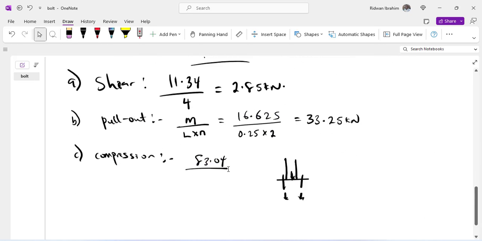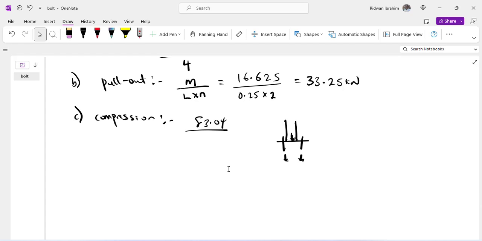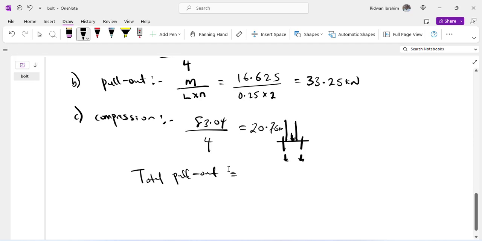We can say this force divided by 4 will be 20.76 kN. So in this case, your total pullout per bolt should be 33.25 minus 20.76, because as this force is trying to pull out your bolt, this force is trying to push down your bolt.